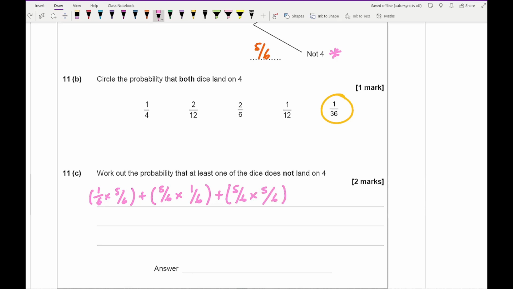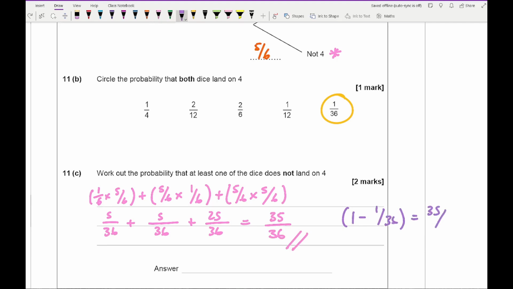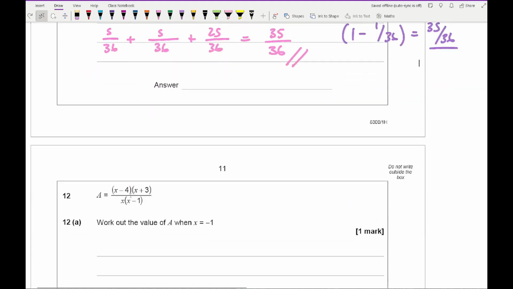So this is going to give me 5/36 plus 5/36 plus 25/36, which gives me an answer of 35/36. So again, you can either do that, or alternately you could just do 1 minus what you don't want, which is 1/36, which gives me 35/36. Any of those methods would be fine for those 2 marks.